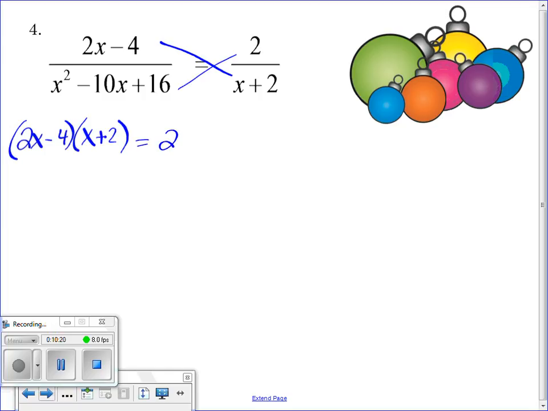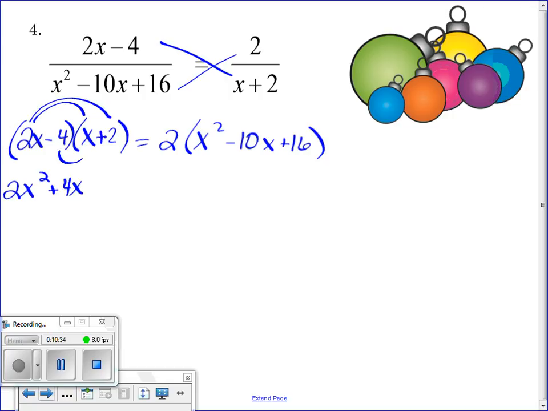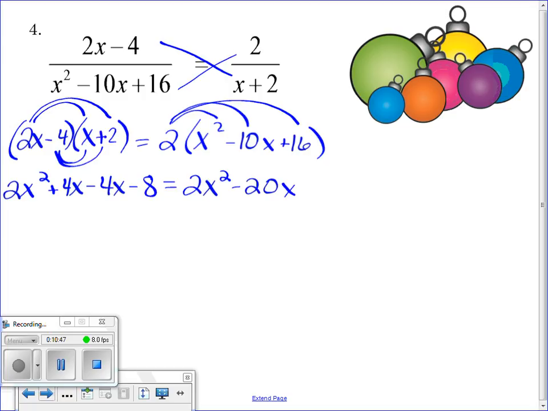And then let's cross the other way. And then we kind of have to do some distributing here. So we'll get 2x squared plus 4x minus 4x minus 8 equals 2x squared minus 20x plus 32.